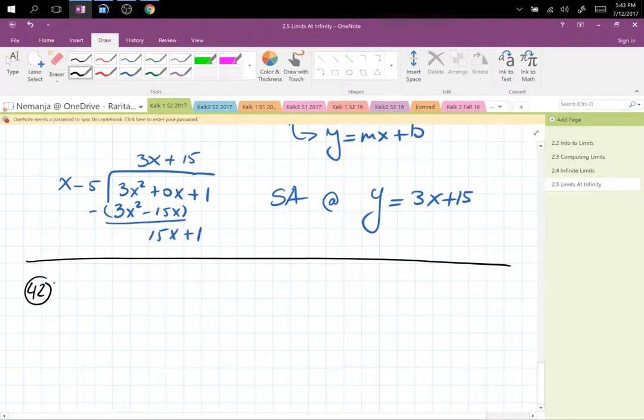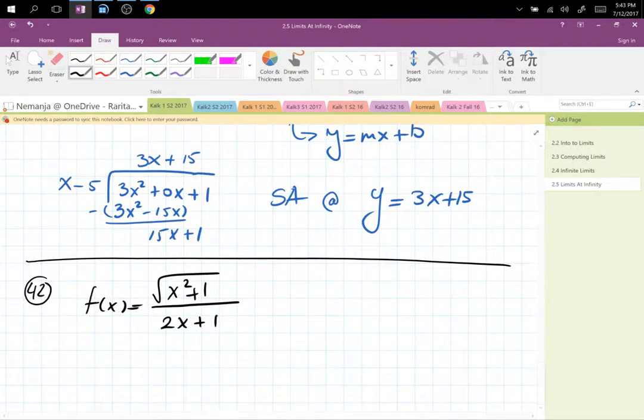I would say a medium spice dish. f of x is equal to the square root of x squared plus 1 divided by 2x plus 1. The answer is clearly a half, but you can figure it out. I ruined it. Yeah.